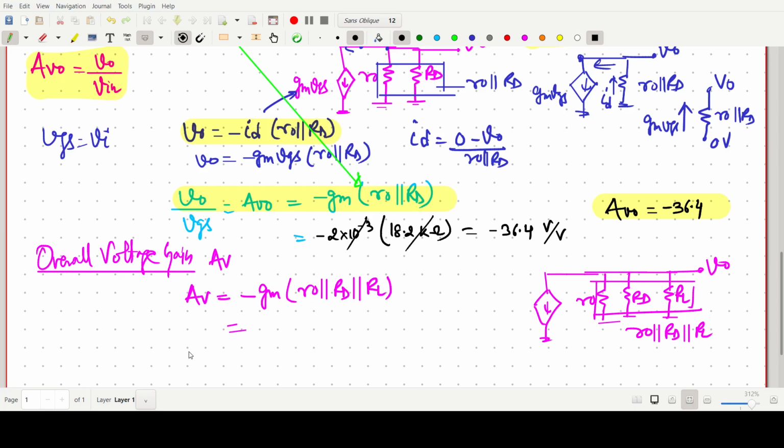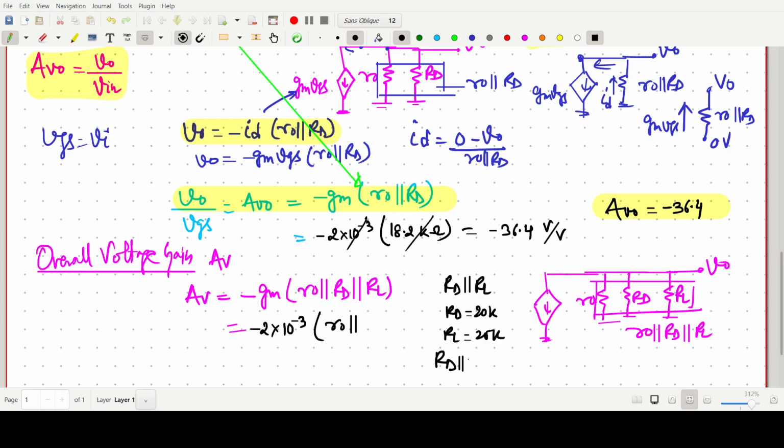So the value we can find like this, minus 2 into 10 to the power minus 3. Now, RD and RL are the same. RD is 20 kilo ohm and RL is also 20 kilo ohm.